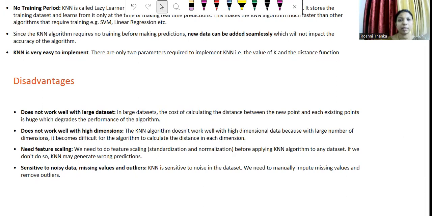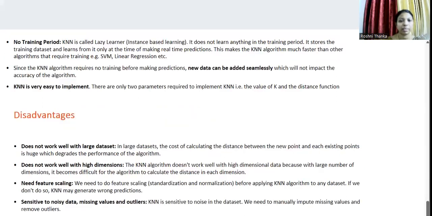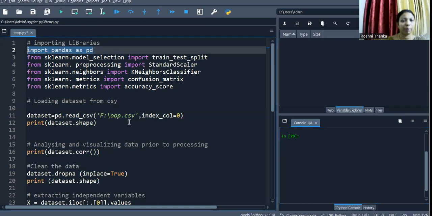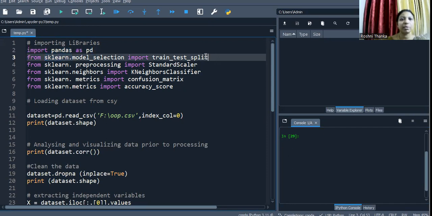Now let us see a Python implementation of this KNN algorithm so that you will understand more clearly. Here, I have taken a data set. But before we start, let us see what libraries I have used. I have used pandas to create a data frame from the CSV file. Then I have used the sklearn module. From that, I have imported train_test_split.